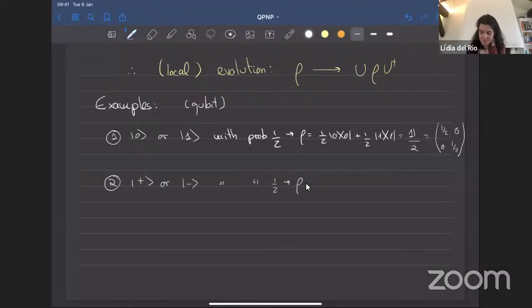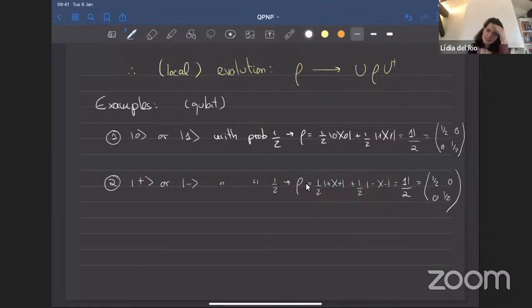Well, then in this case, we have 1/2 of |+><+| plus 1/2 of |-><-|. And the problem here is that this is also the identity matrix. You can do this explicitly, but you can just think, well, it's expanding in one basis with the same coefficients. You can do it explicitly and see that this is in fact the same matrix.